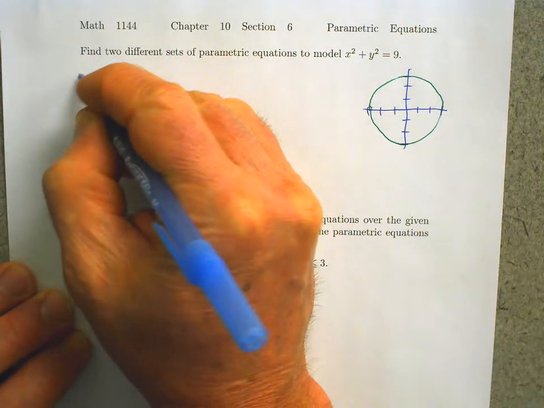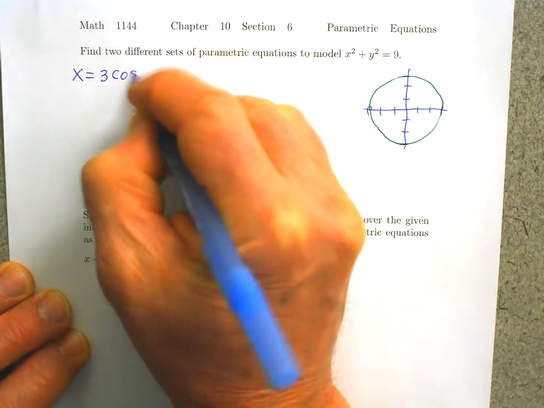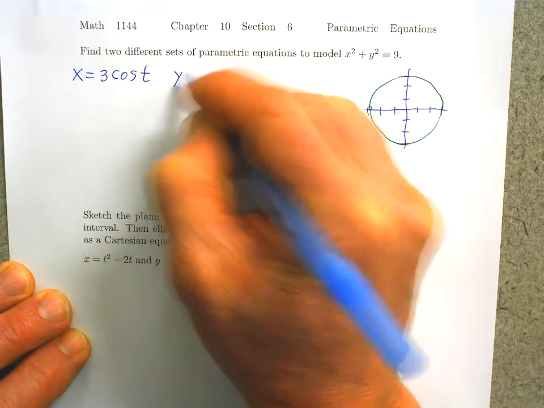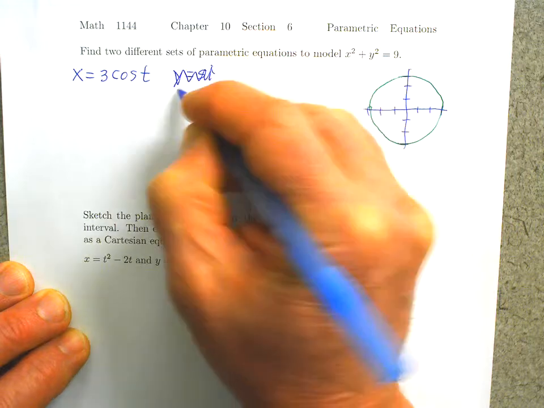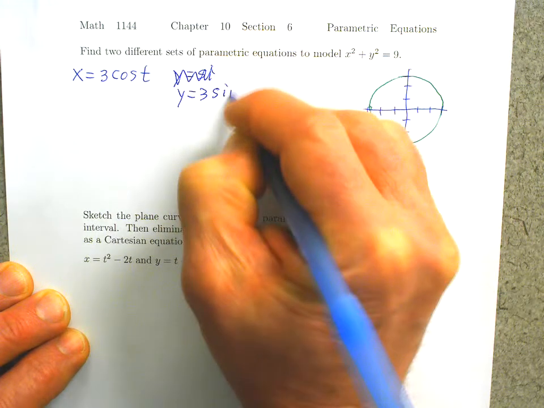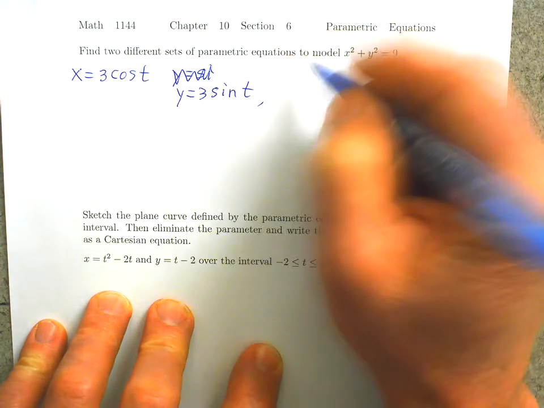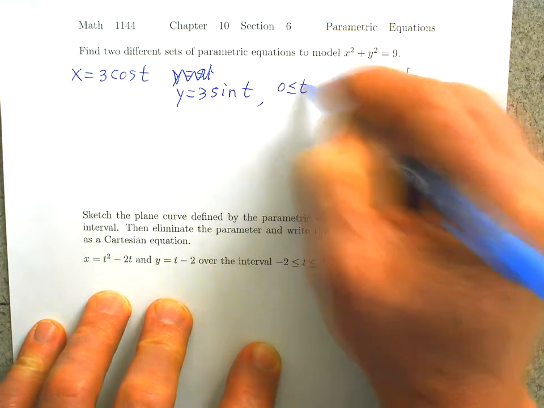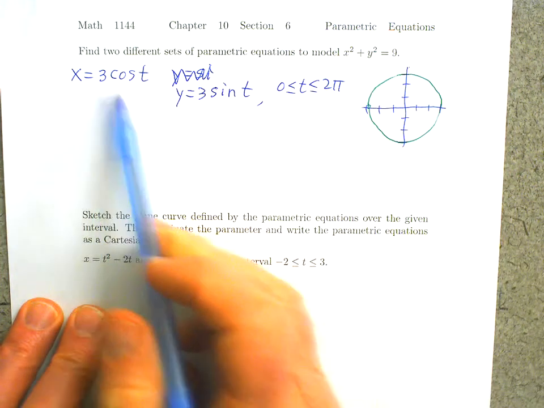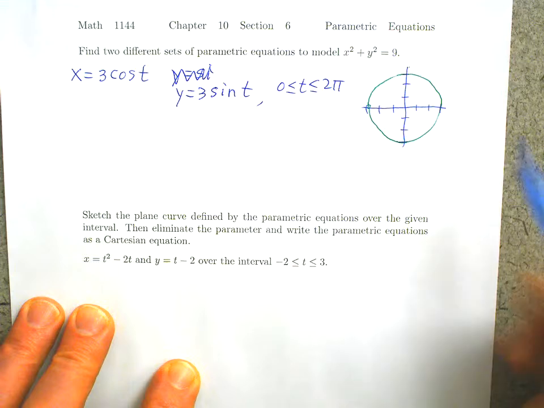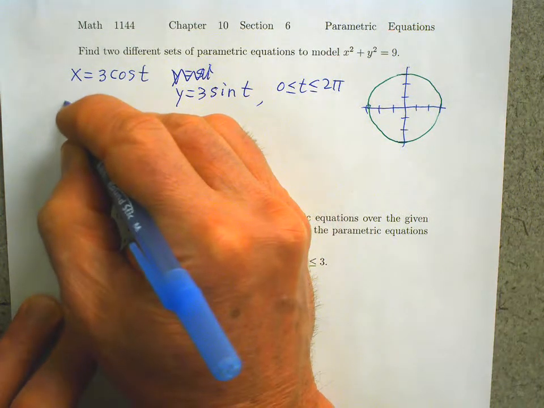So if I pick x to be 3 times cosine of t, and y is 3 times sine of t, and if I pick my t values between 0 and 2 pi, this will parameterize this circle. So let's just pick a few points.